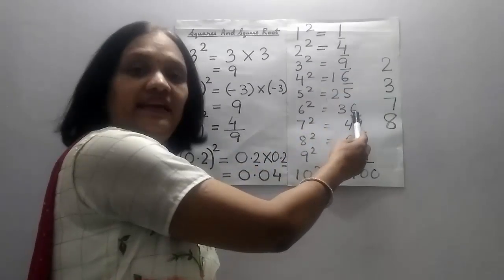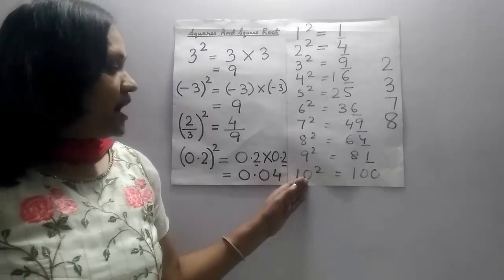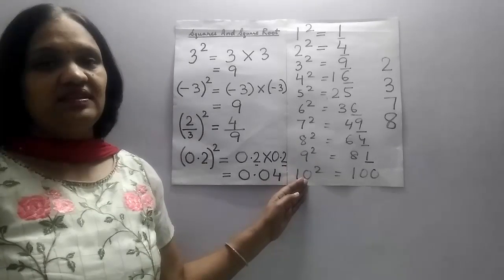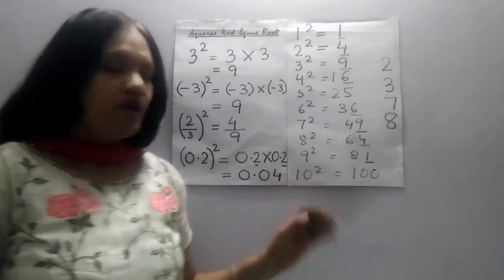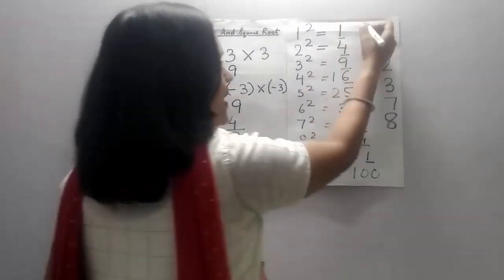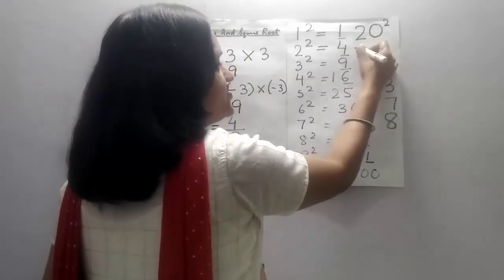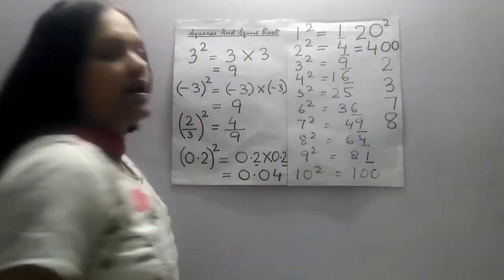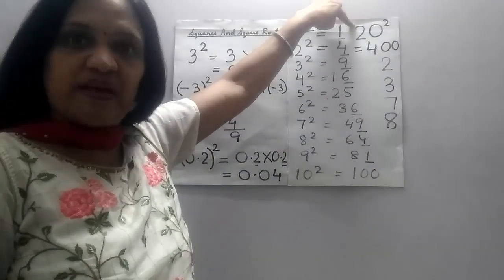Let's talk about squares of numbers ending with a 0. 10 square is 100. Okay. What is 20 square? 20 square gives us 400. You can see that 20 square is 20 into 20.